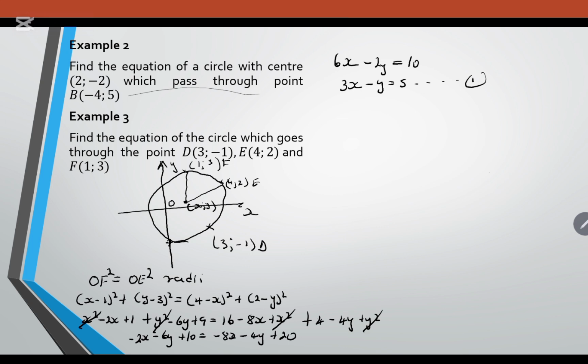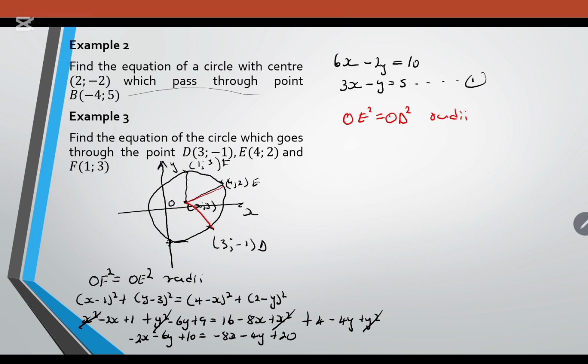The distances OD and OE are also equal as they are radii of the circle. So OE is equal to OD. Therefore, OE squared is also equal to OD squared.